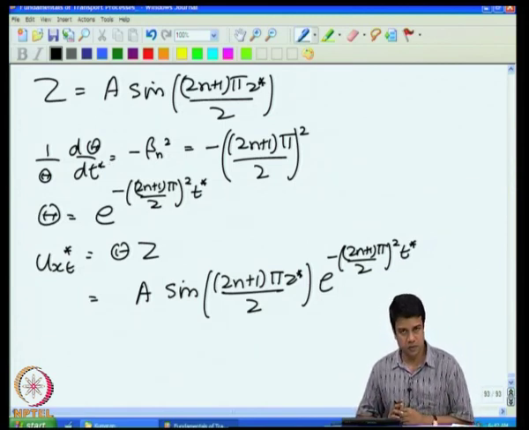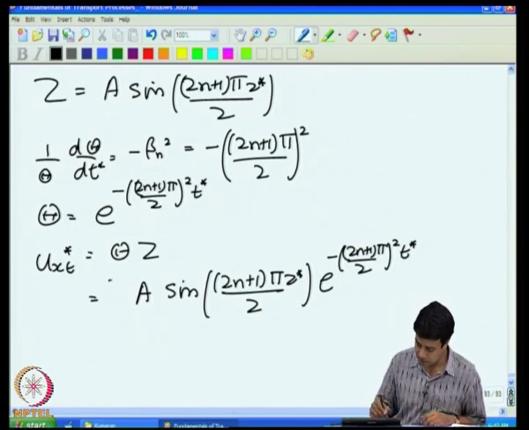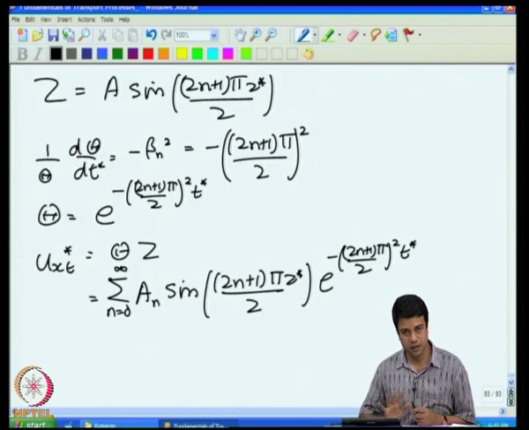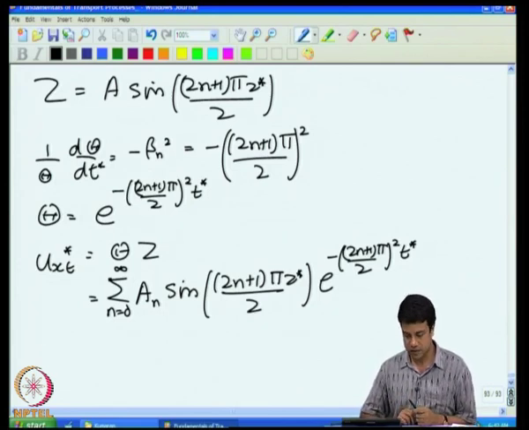So, this is the solution. This satisfies the equation for any value of z. So, the most general solution is a summation n is equal to 0 to infinity of a n times this, a linear combination of all of those solutions.